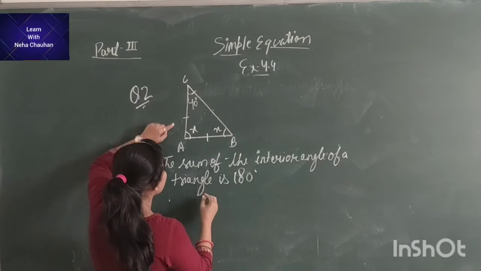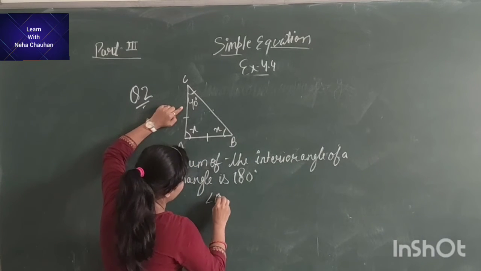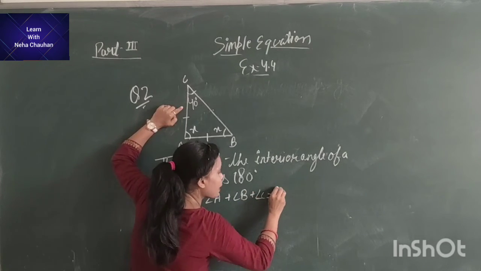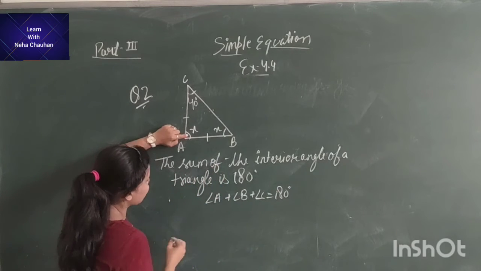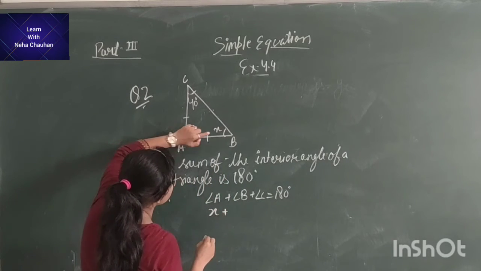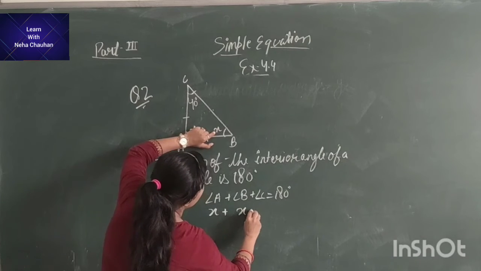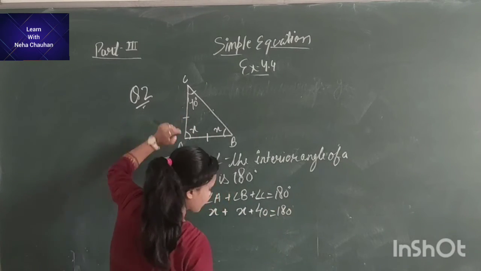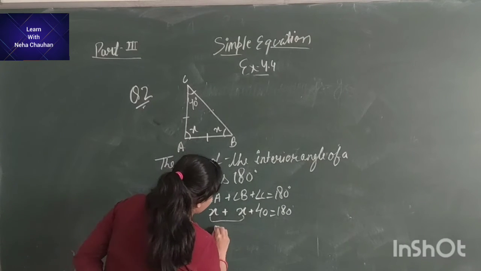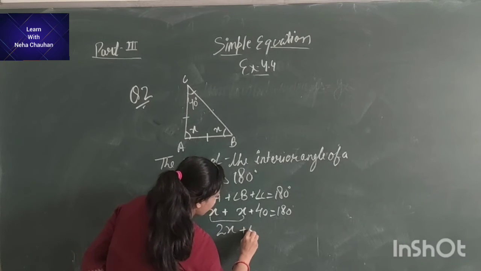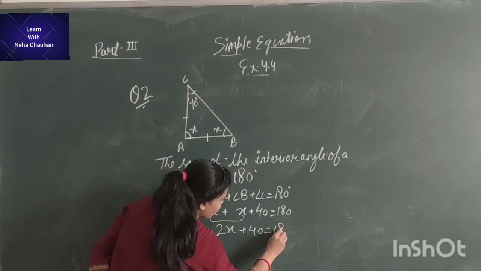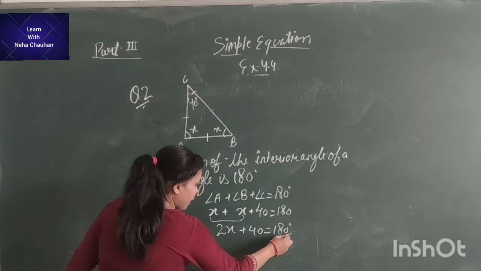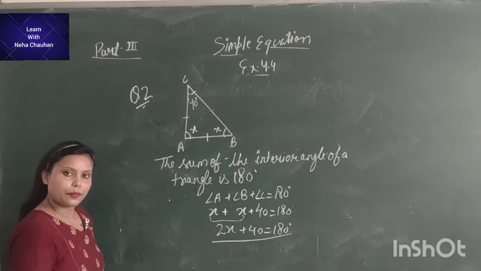So here we get angle A plus angle B plus angle C is equal to 180 degrees. Angle A is x plus angle B is x plus angle C is 40 degrees, equal to 180. So here we get 2x plus 40 is equal to 180 degrees. Now we will do the same thing with the elimination method.